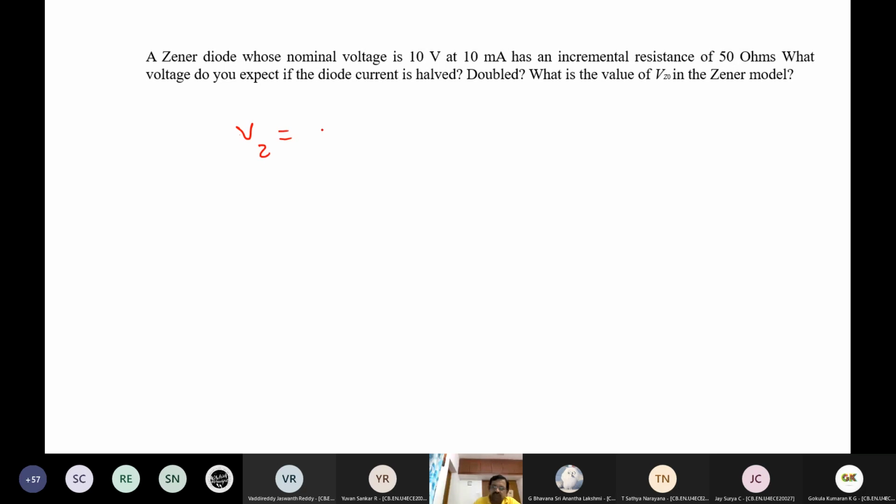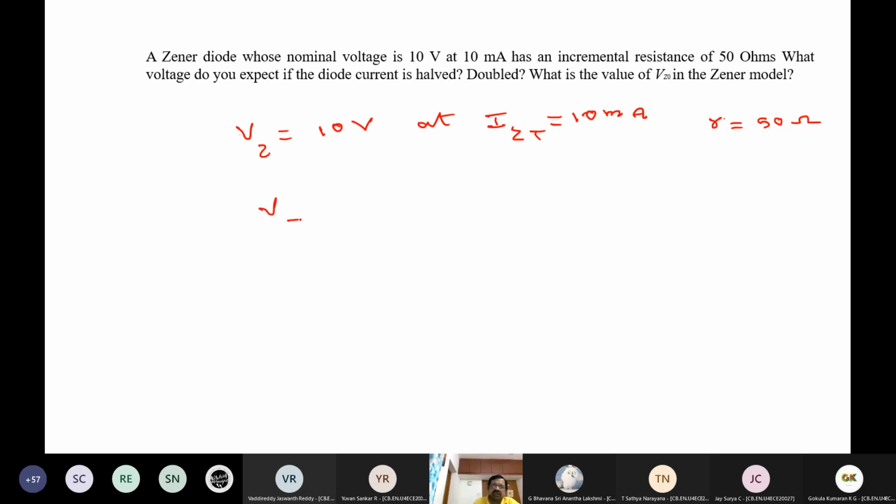VC equal to 10 volt at ICT equal to test current equal to 10 milliampere. And R is given 50 ohms.